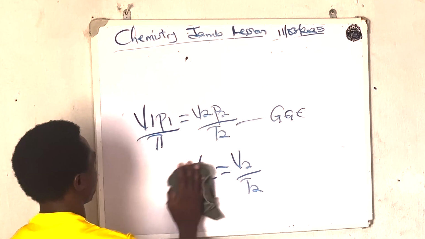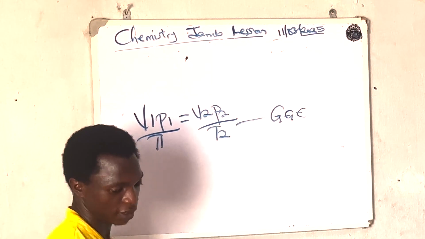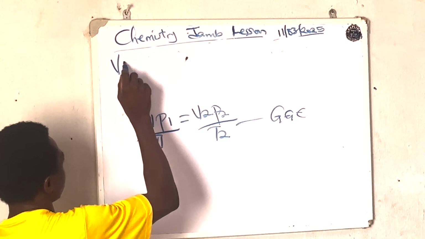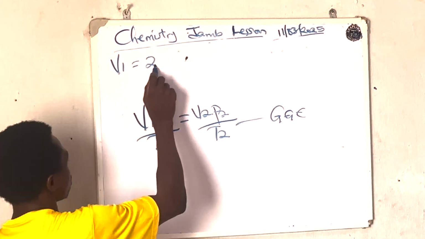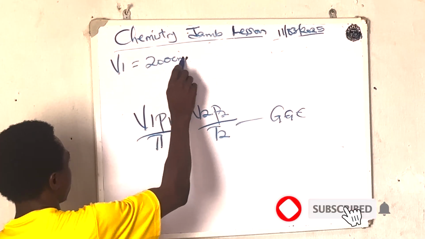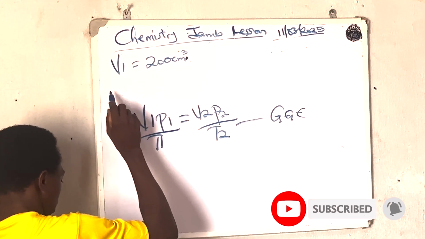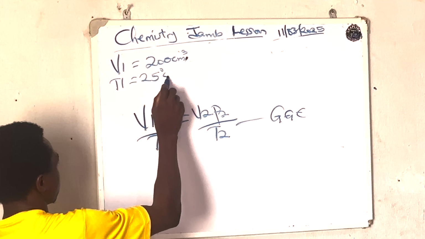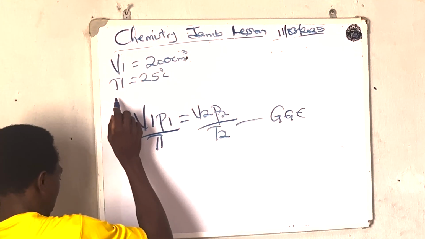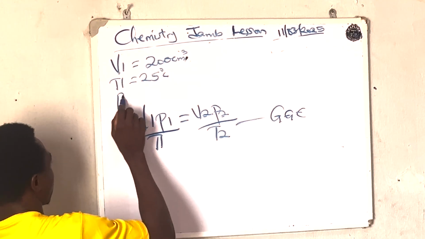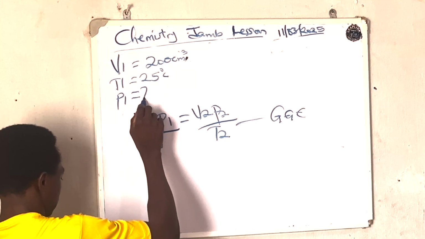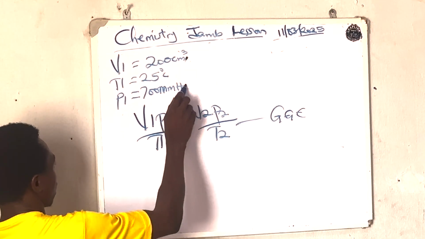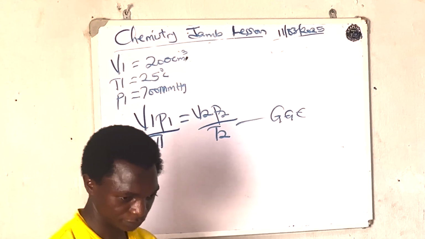Now let's listen to the question vividly. We are given volume 1, that is V1, as 200 cm cube, while our T1 is equal to 25 degrees centigrade, and our pressure 1, that is P1, is 700 millimeter mercury.